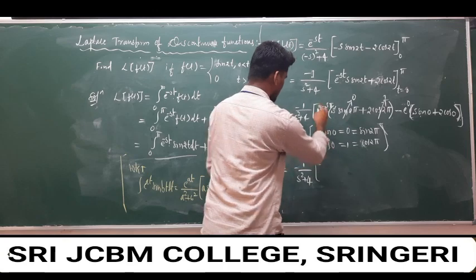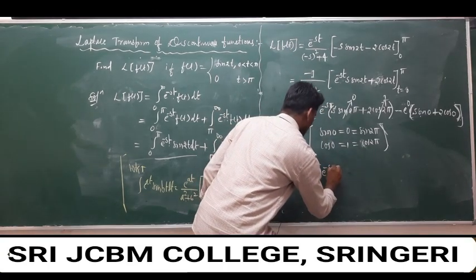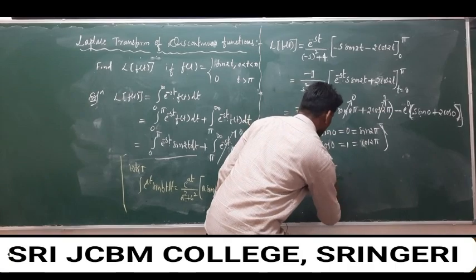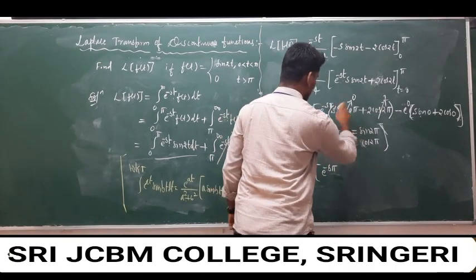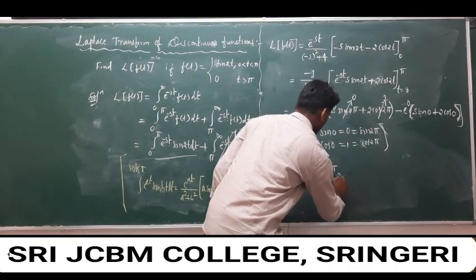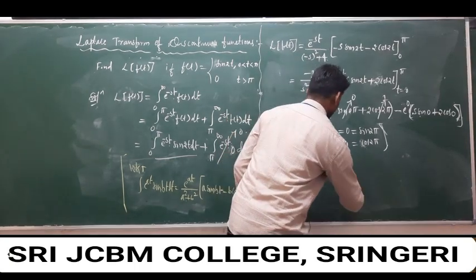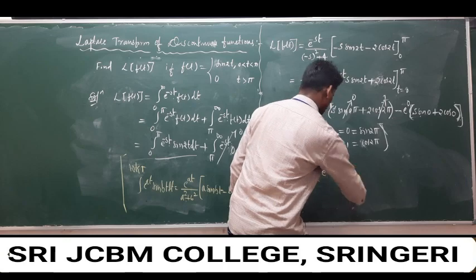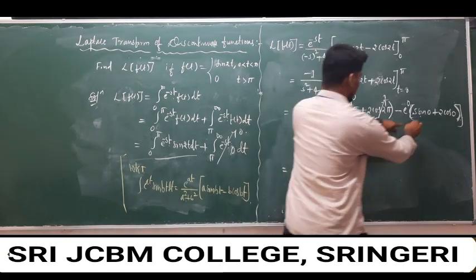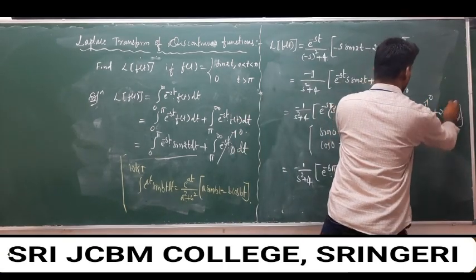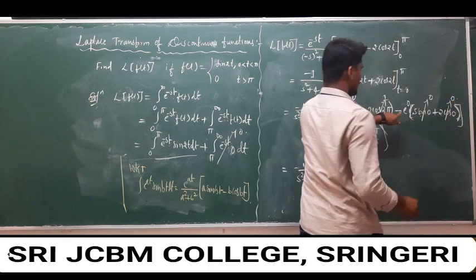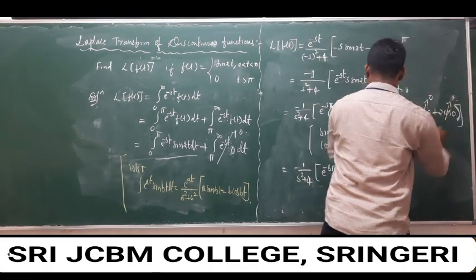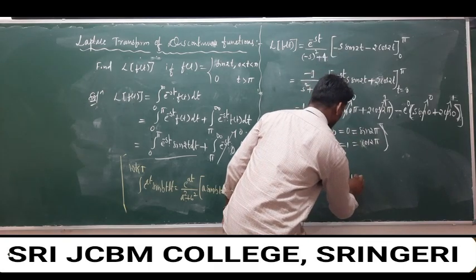If you simplify, e^(-s pi) times 0 plus 2, and similarly e^0 value is 1, sin 0 value is 0, and cos 0 value is 1. So minus of minus, here minus into 1 into 2.